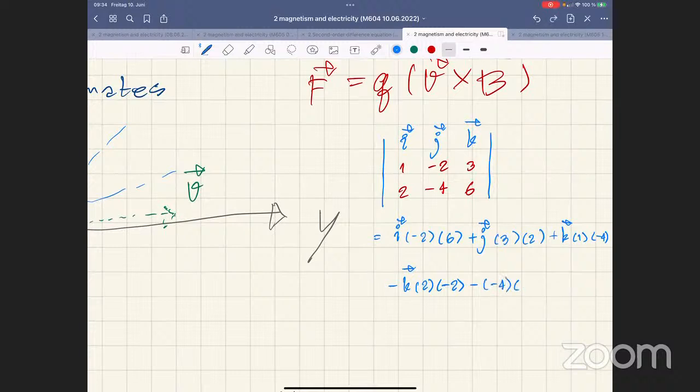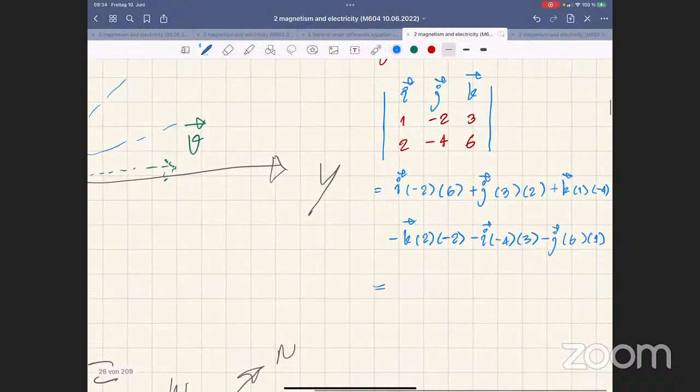I'm stupid. I should write the first unit vector i, and after that minus 4 and 3, right? And minus the last one, unit vector j, 6 and 1. All right.